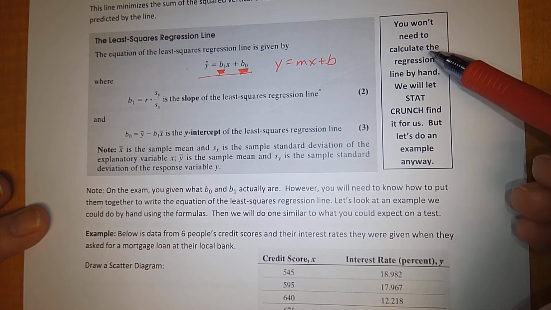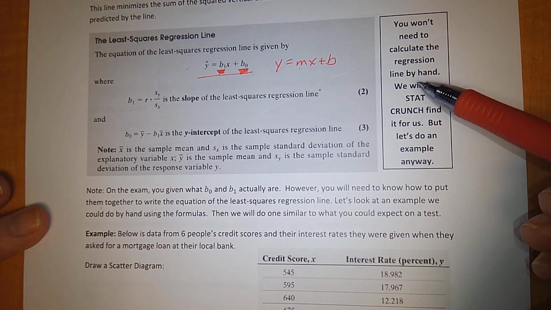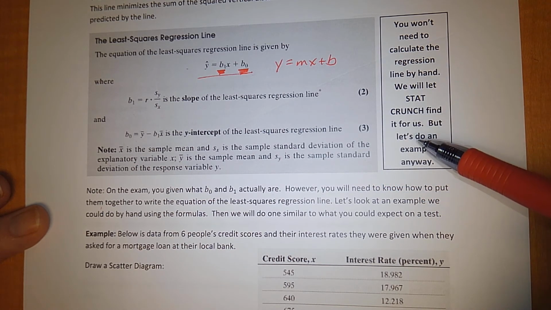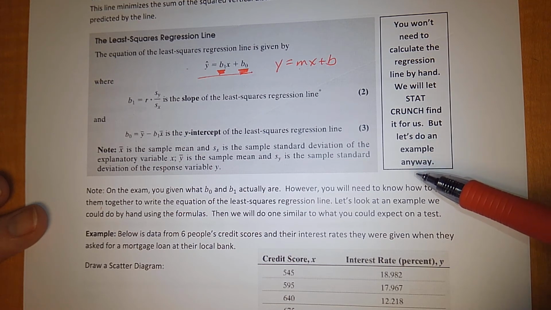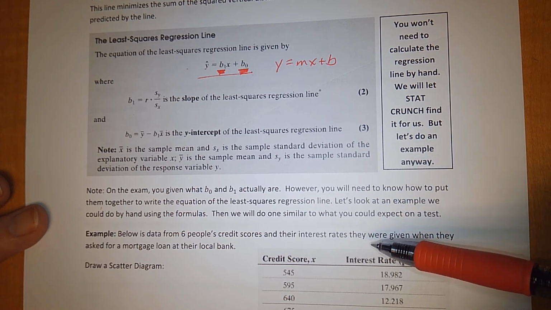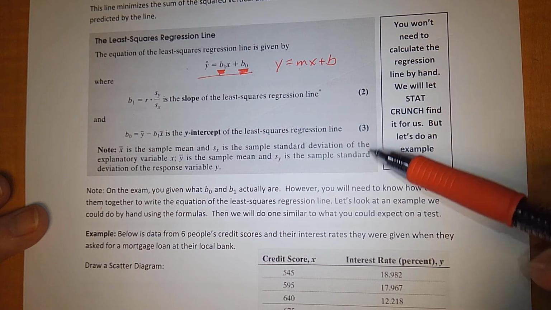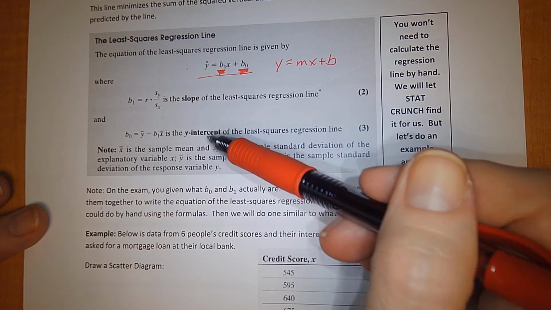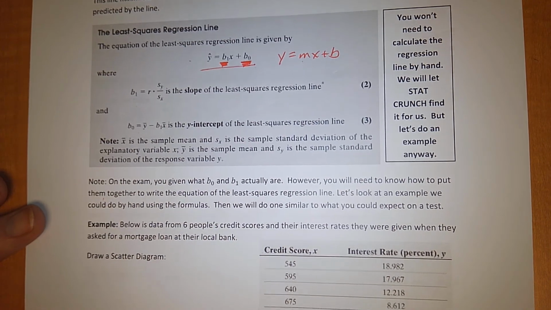Now note, you're not going to need to actually calculate this by hand. It's quite a long process. We're going to let StatCrunch find this for us, but we are going to do one example in our notes just so you can see how it works. From here on out, using StatCrunch is going to be a much easier way to find these answers.